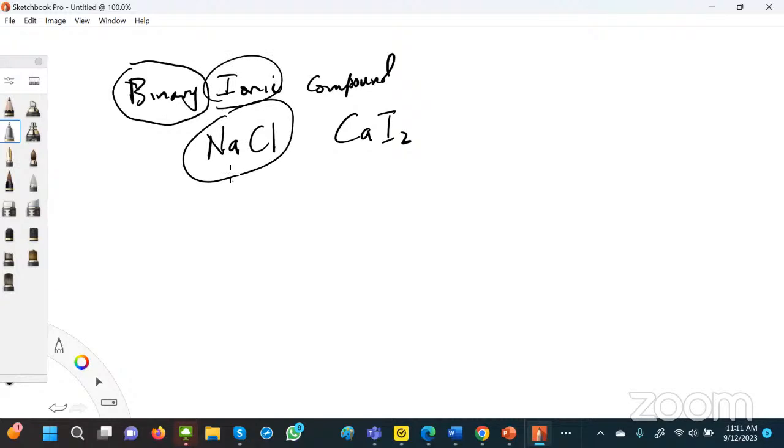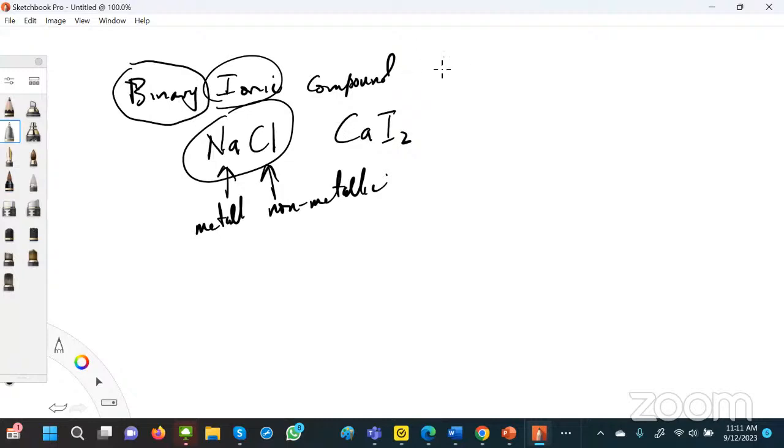Because it's ionic, one of them must be metallic, and the other one must be non-metallic, all right? So that's what we're talking about when we're talking about binary ionic compounds. And there are some rules for naming these compounds.